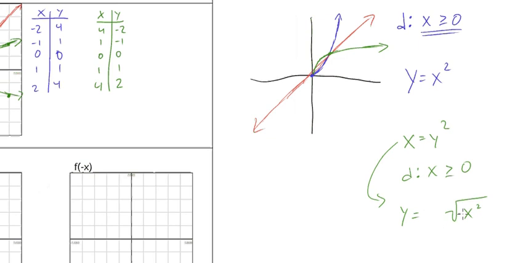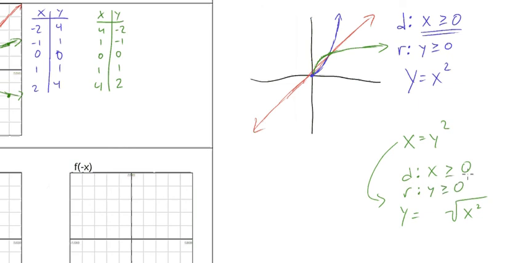Our y values are always going to be positive here, just as the range on the original function is greater than or equal to 0, and our range here is that y is greater than or equal to 0.